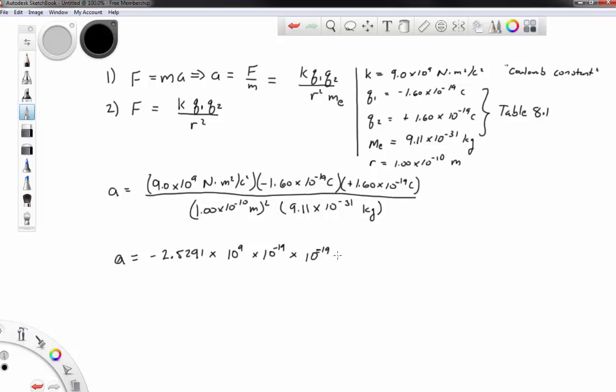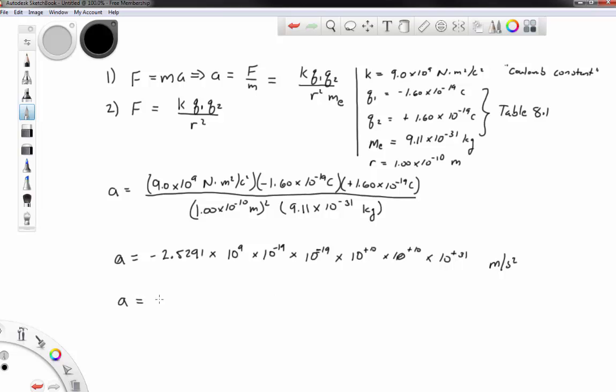We have down below a 10 to the minus 10, which got squared. So this is 10 to the plus 10 times another 10 to the plus 10 times 10 to the minus 31, so since it's in the denominator, it's a plus 31, and the units should end up being meters per second squared.